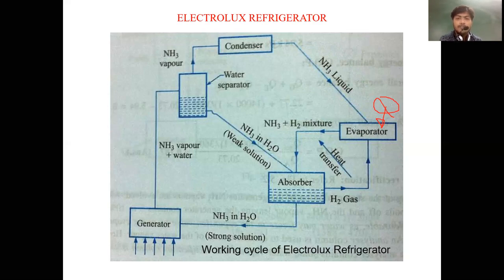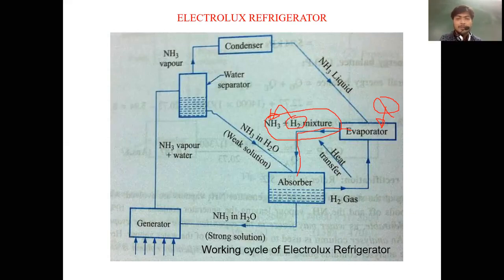After evaporation, it is passed into the absorber, where the ammonia and H2 mixture is present. The function of hydrogen is to maintain a constant pressure as well as increase the rate of evaporation of ammonia, so its function is very important.